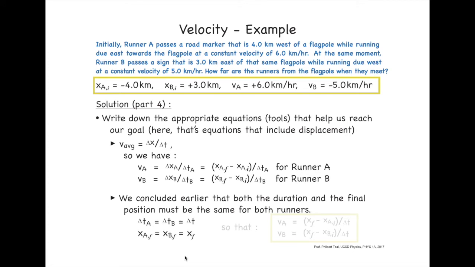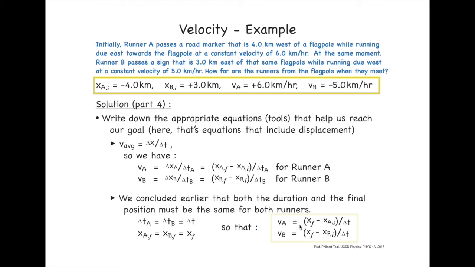The fact that they meet at the same place means that the final position for A and the final position for runner B have to be the same. So again, we will drop the A and B subscript and we'll just call that the final position for both of them. That simplifies our two equations above because we can say some of these things are equal.